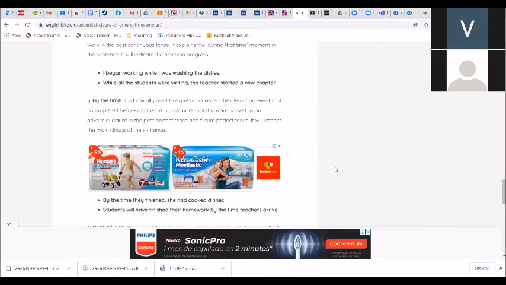It will impact the main clause of the sentence. By the time they finished, she had cooked dinner. The students will have finished their homework by the time the teacher arrived.